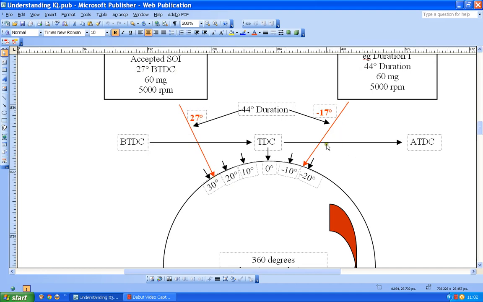And then I'm saying across here, this is where the duration must end, because duration is 44 degrees. So I'm saying start 27, 44 degrees. Where will I end? Well, 27 minus 44 is minus 17. So I will end at minus 17. So that's where I'm going to end.